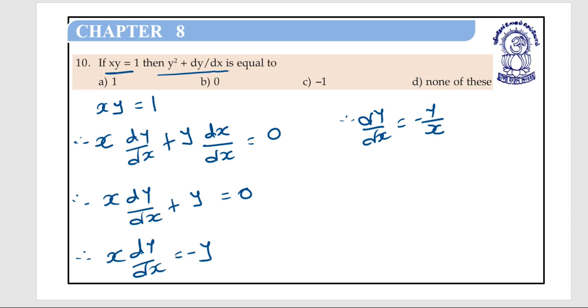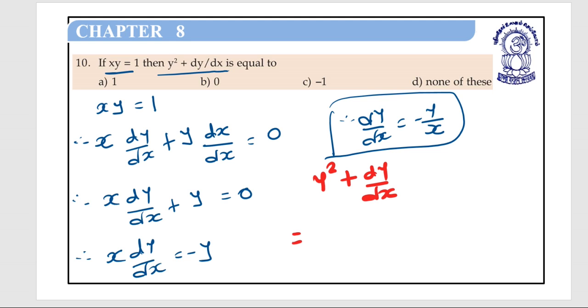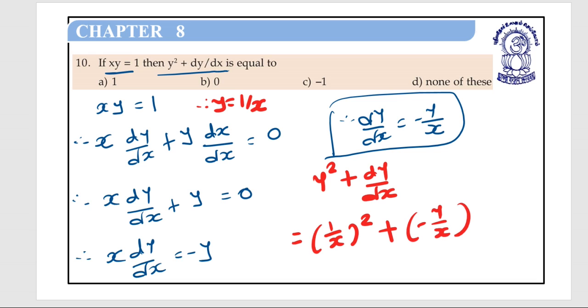So here y² plus dy by dx, it means y is equal to 1 by x. So 1 by x² plus dy by dx, so minus y by x.